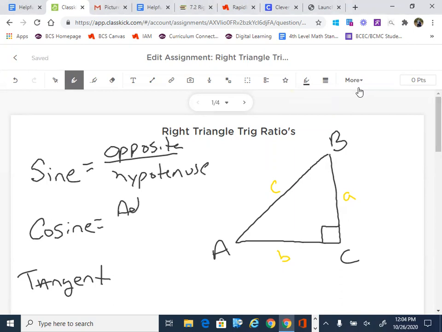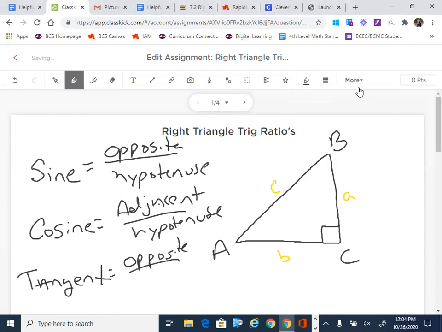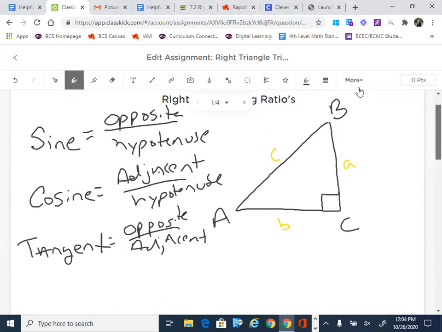Cosine is adjacent over hypotenuse. And tangent is opposite over adjacent. Now, the hardest part with doing this is determining which is the opposite, the hypotenuse, and which is the adjacent.